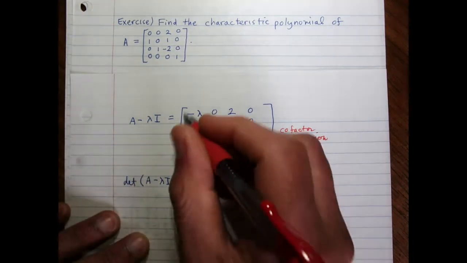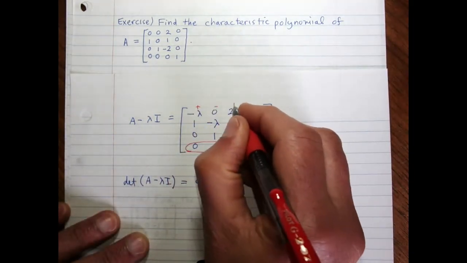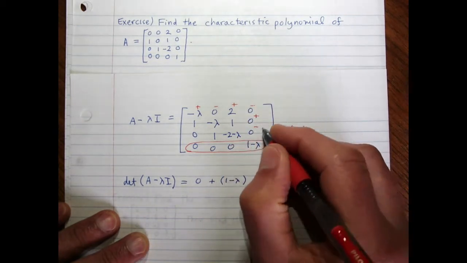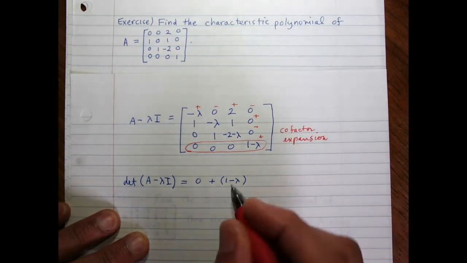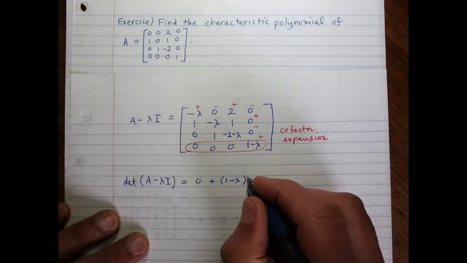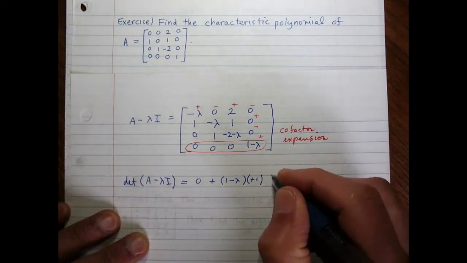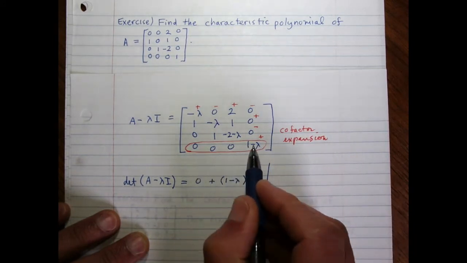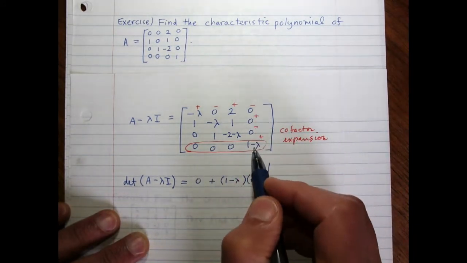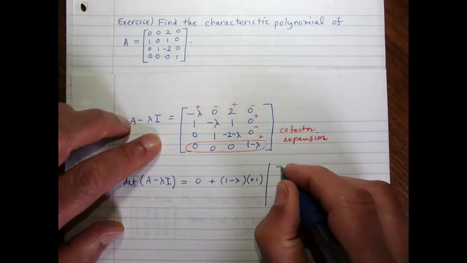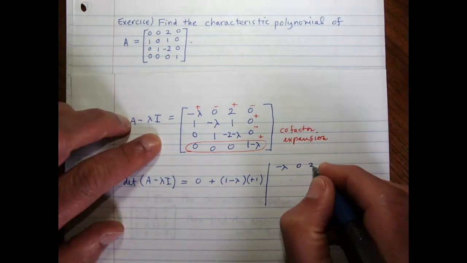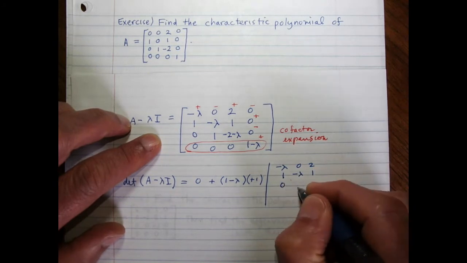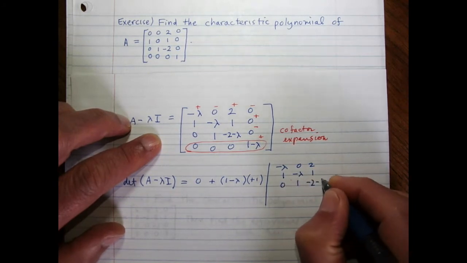What is it? We go plus, minus, plus, minus, plus, minus, plus. So it looks like it's times plus 1. Times the determinant of the matrix I get by removing the row and column corresponding to 1 minus lambda. So I have minus lambda, 0, 2, 1, minus lambda, 1, 0, 1, negative 2 minus lambda.